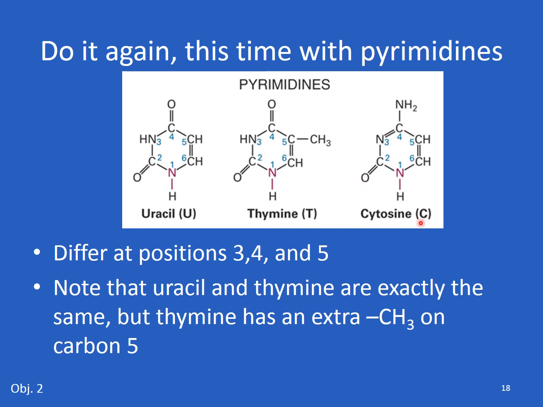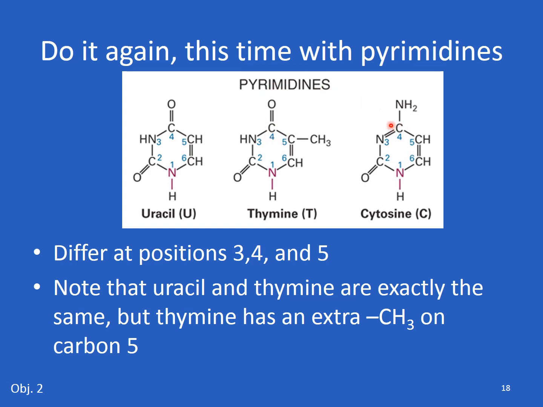So let's focus on the difference between cytosine and thymine. Position 3 on thymine is single bonded to the carbon at position 4. Position 3 on cytosine is double bonded to the carbon at position 4. Position 4 on thymine is a carbon double bonded to oxygen, right here.